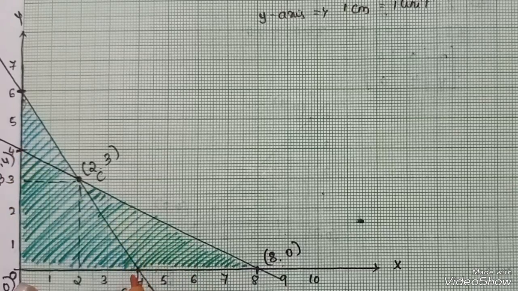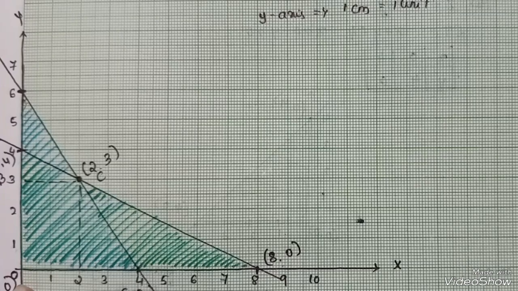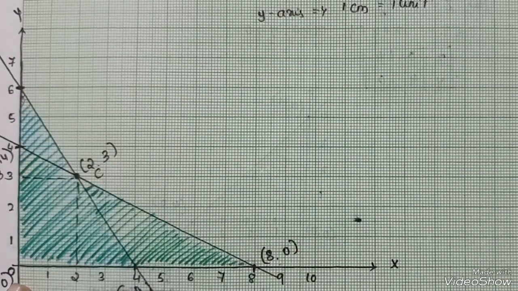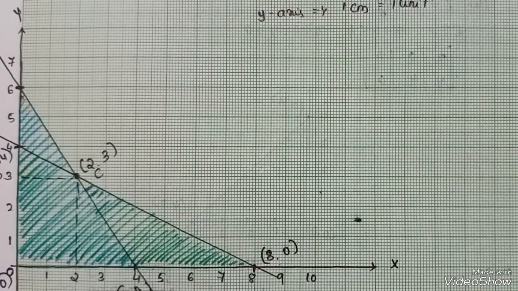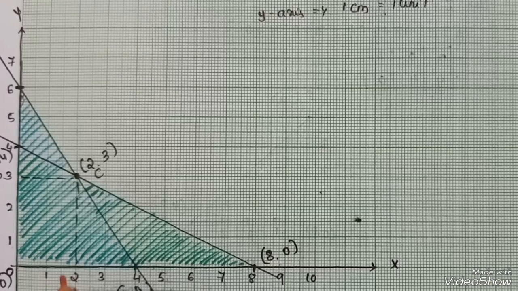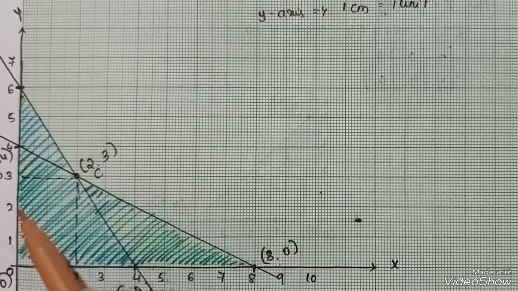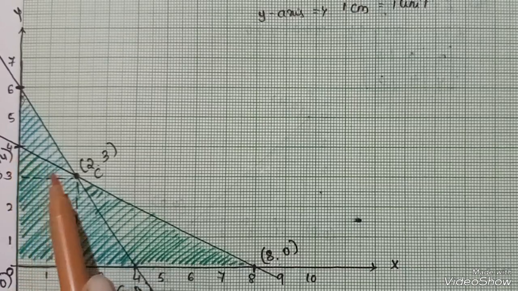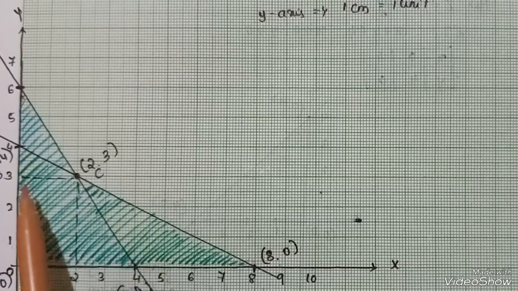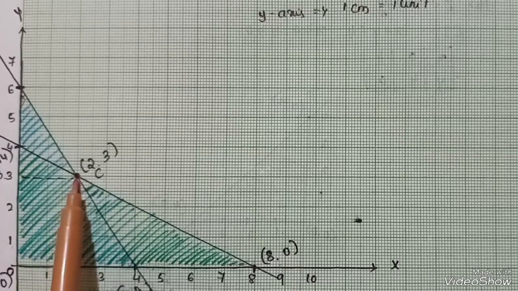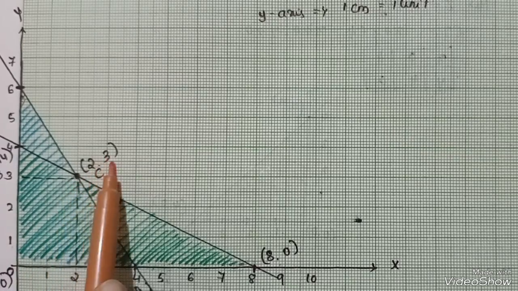Again, the second point, when x is 0, we take y as 6, the second graph. Okay, here is the graph of the second function. The common region, when you take the graphs on graph paper, gives the corner points. This is the common region I have taken between the two graphs. So here there is one coincident point, 2 comma 3.